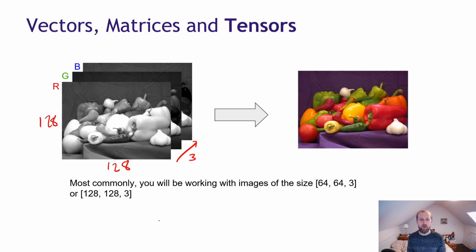So if we've got a video which is 100 frames, and the image size of each of those frames is 128 by 128, and if it's a color video, then it's going to be 128 by 128 by 3 by 100, and this is still a tensor. Just to clarify, this is what you'll see when you output the size of a tensor in PyTorch, but it might be easy to think of it as 128 by 128 by 3 by 100. Whatever works easiest for you.